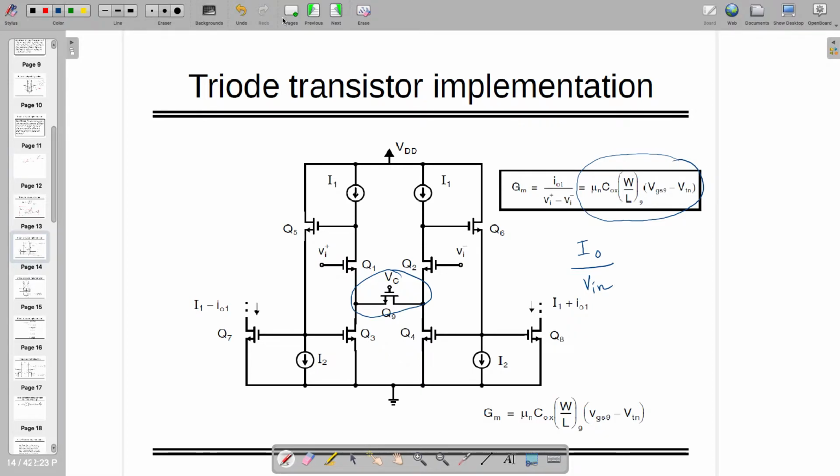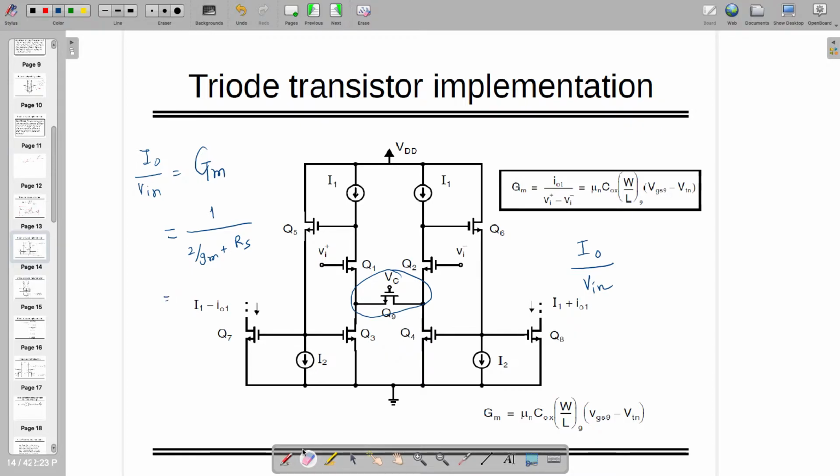I'm coming to this conclusion because if you remember the previous slide, I0 divided by Vin, which we call the big Gm, is equal to 1 by (2 by gm plus RS).